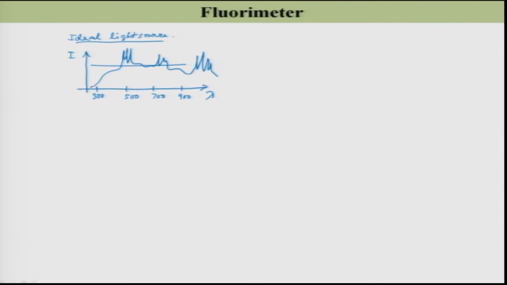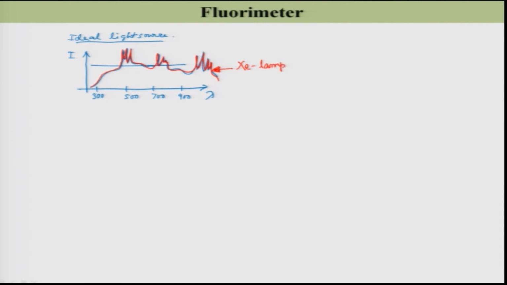So, this looks something like this. Right, so this is the typical spectrum of a xenon lamp, right.